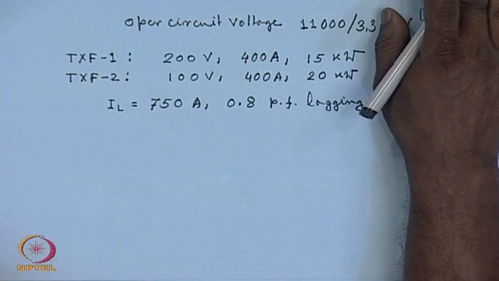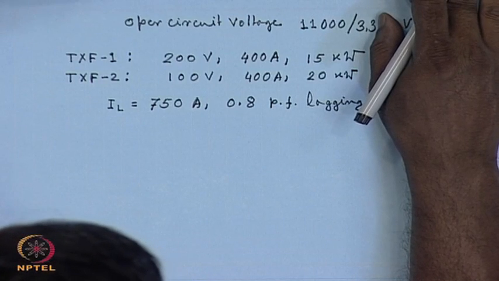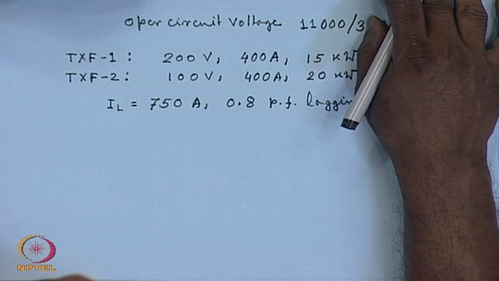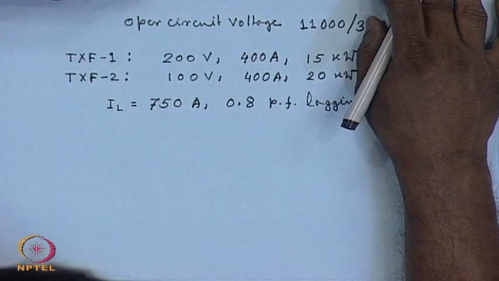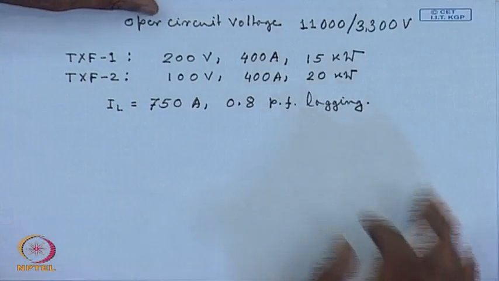We are to find out the KVA supplied by each of these transformers and the load voltage. In order to do this, let us first find out the series impedance of the transformers.